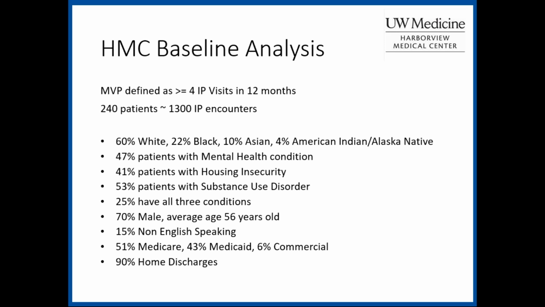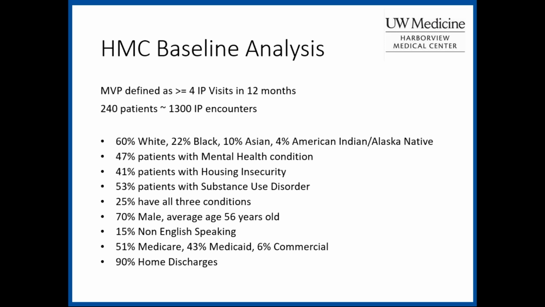The majority of our patients were male, and they were on average about 56 years old. What was interesting is we found that almost 15% of the patients were non-English speaking, which really helped us when we were forming our team to ensure that we called in and got help from our cultural care mediators team.